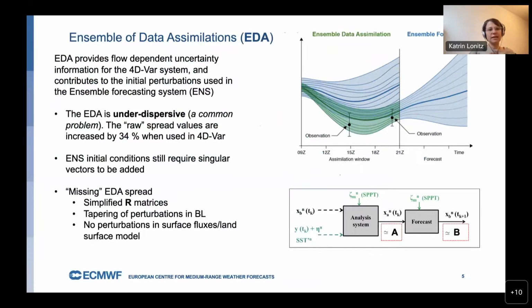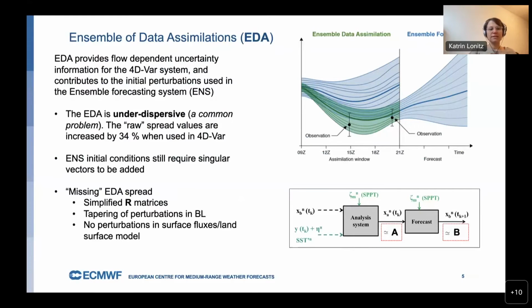The EDA is run because it is used in the ensemble forecasting system, because it contributes to the initial perturbations. There are some limitations to the EDA, and it's good to know them, because we know the EDA is underdispersive. That's very common, also for other EDA systems, not just for us.